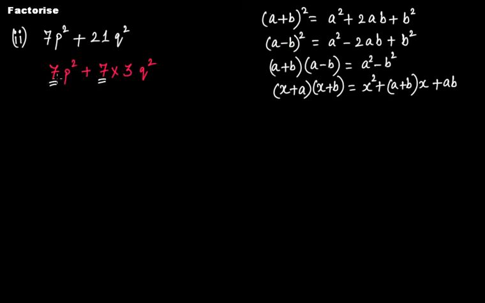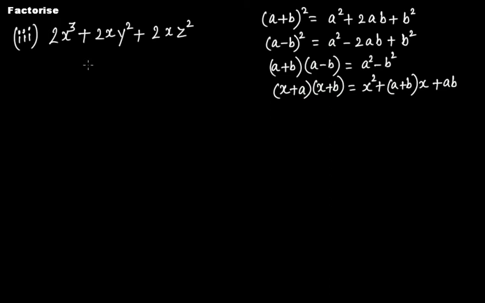This is the common factor in these two terms. Therefore, take this common factor outside of the bracket, and it is 7 multiplied by p squared plus 3q squared.